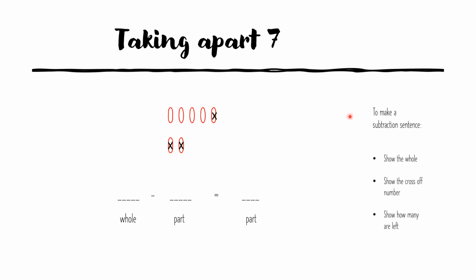Remember, when you're writing a number sentence or a subtraction sentence, you want to first show the whole. Next, you want to make sure that you include your subtraction symbol so that everybody knows that this is a subtraction word problem.